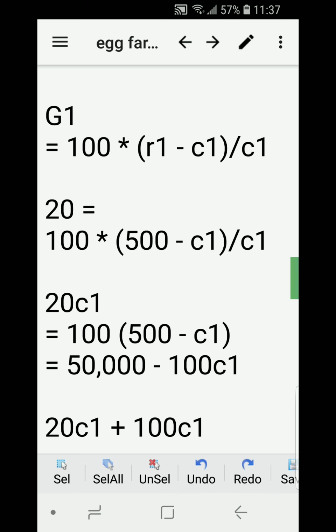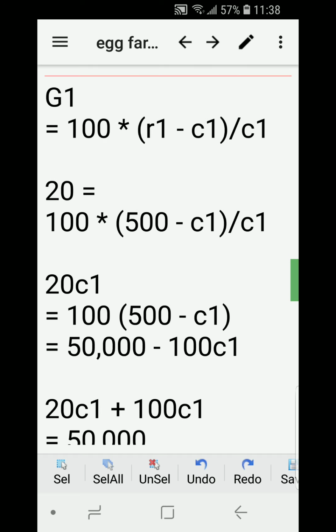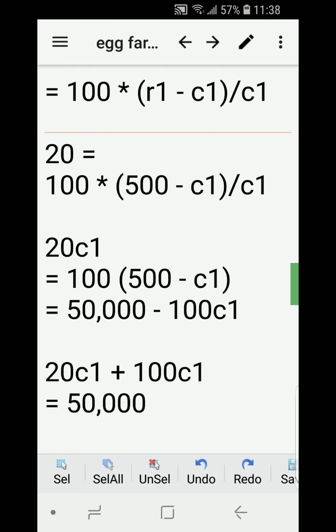Then we've got 20 is equal to 100 times 500 minus C1 divided by C1. And then we simplify, we solve for C1.